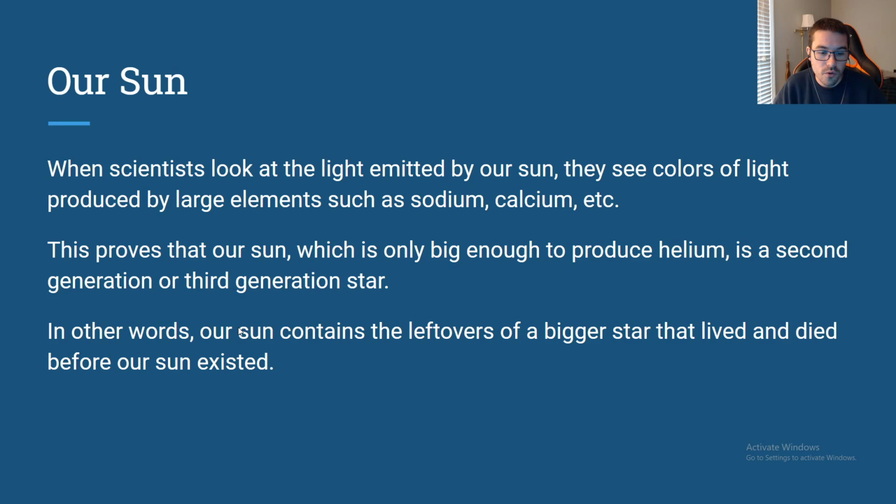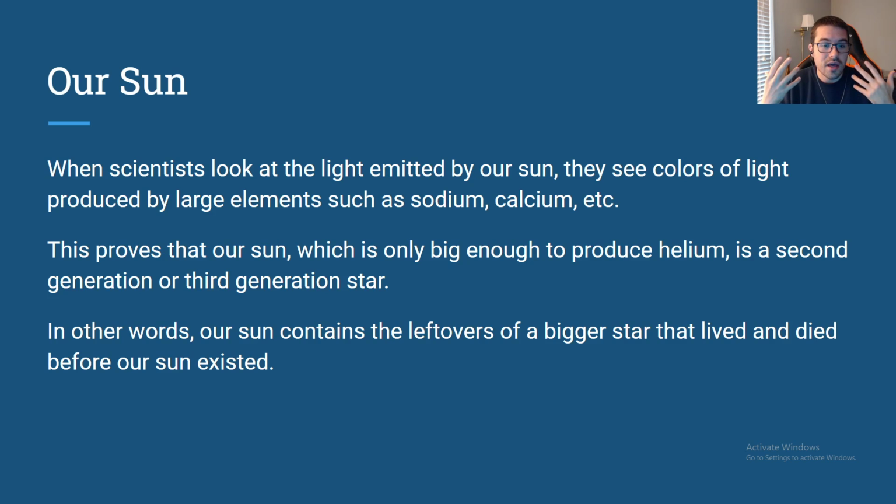In other words, our sun contains the leftovers of a bigger star that lived and died before our sun existed. If you think back to the lesson from last week, stars have to be pretty big in order to make big elements, right? Our star is pretty small, so it can only produce hydrogen and helium.